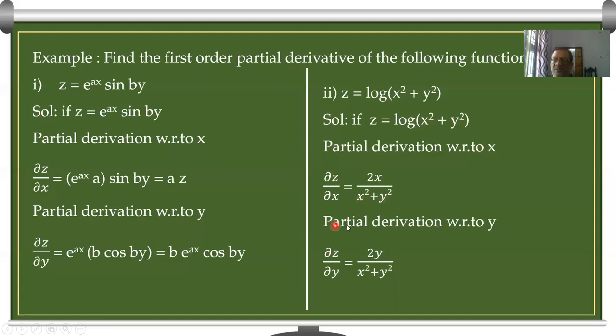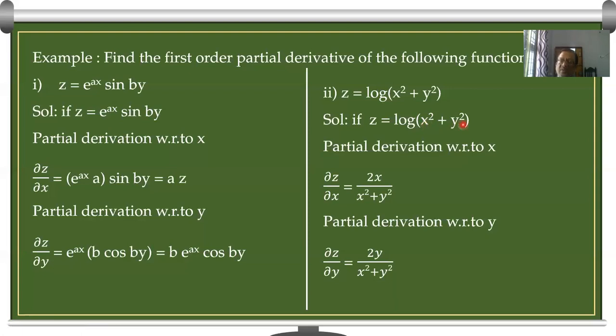And the next, partial derivation with respect to y. The same formula, function derivation by function. The function is x square plus y square. The x square derivation is a constant value. Why is it constant? We are operating partial derivation with respect to y, therefore the x term becomes constant, so 0.